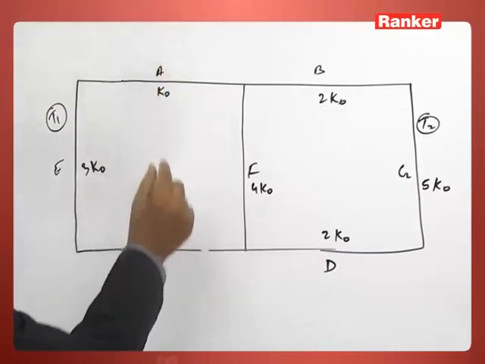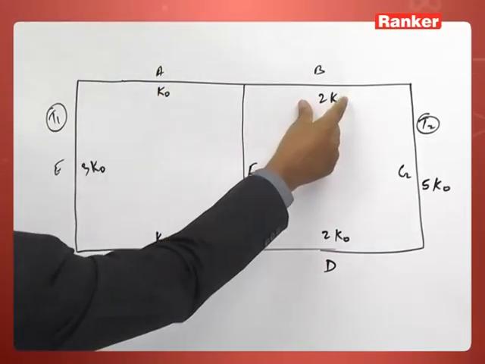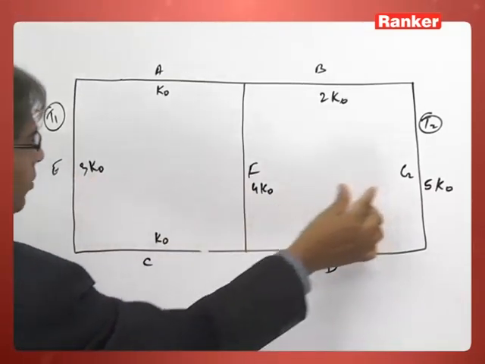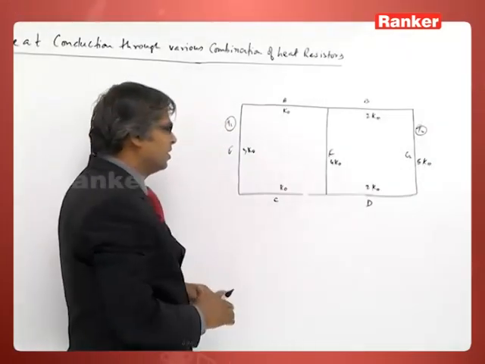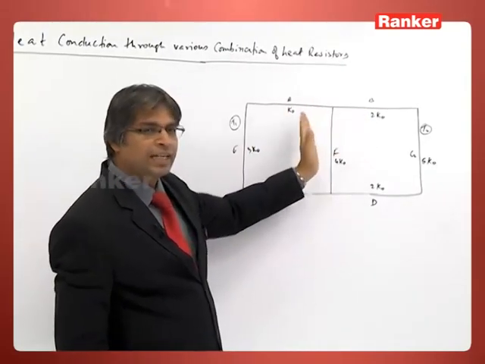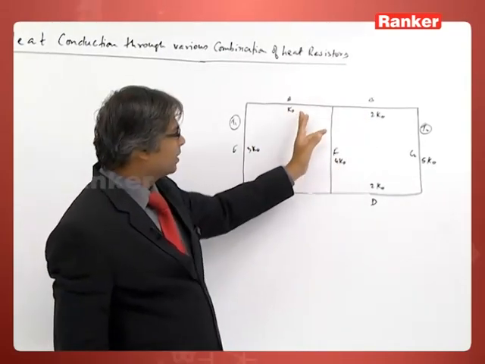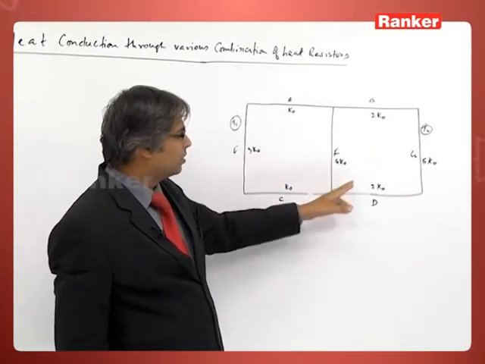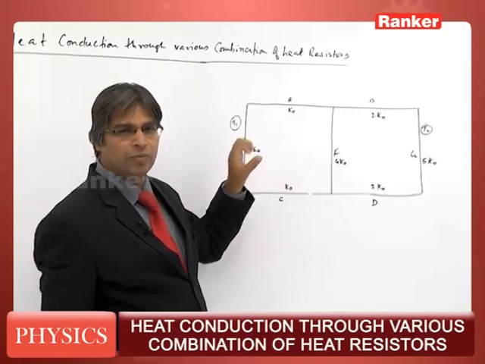This is K naught, here K naught, here 2 K naught, here 2 K naught, 3 K naught, 4 K naught, 5 K naught. So, you see here the ratio of these two conductivities is same. This is K naught by 2 K naught, K naught by 2 K naught. So, it forms a Wheatstone bridge.